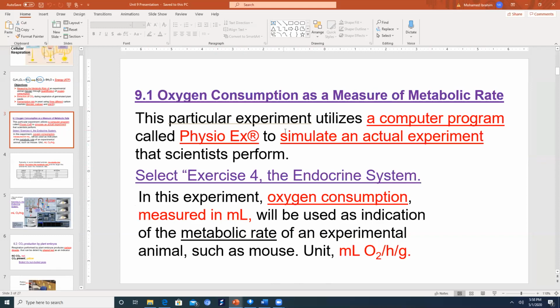Metabolic rate in this experiment is basically the amount of oxygen consumed, and the unit is milliliters of oxygen per hour per gram. You need to remember this. This is the way to measure the metabolic rate for an organism, by knowing how much oxygen is consumed per unit time, which is 1 hour, per mass. That will tell you about the metabolic rate of the animal that you are examining.